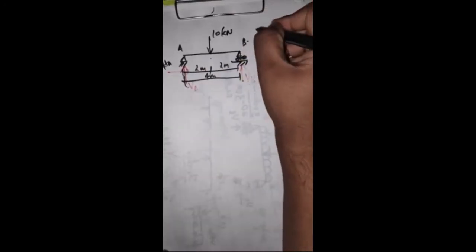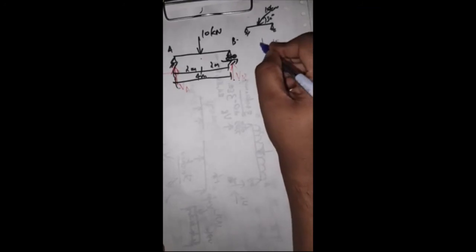For example, take the same beam, and a 10 kilonewton force is acting at an angle of 30 degrees. For a slanting force, there will be a horizontal component and a vertical component.